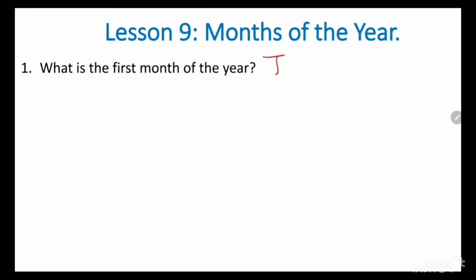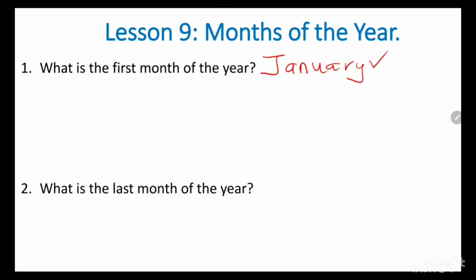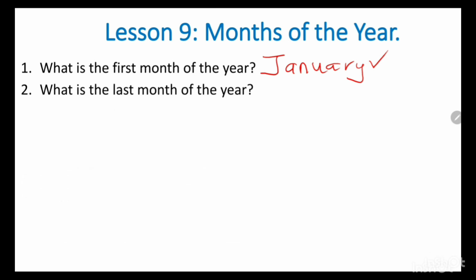Now, if you say January, you are correct. Moving on. What is the last month of the year? This should be easy for you too, because you have December, and then you have January. December is the last month of the year.